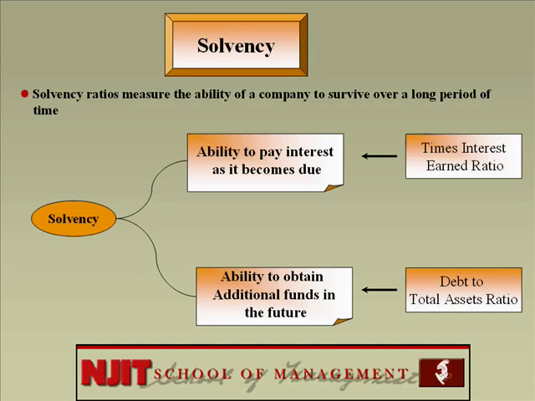If the debt to total asset ratio is high, is it good or bad? It's bad. The chances of obtaining a loan to meet an emergency will be low, and the company's survival will be threatened. So you want this ratio to be as low as possible. You want the times interest ratio to be as high as possible, and you want the debt to total asset ratio to be as low as possible.